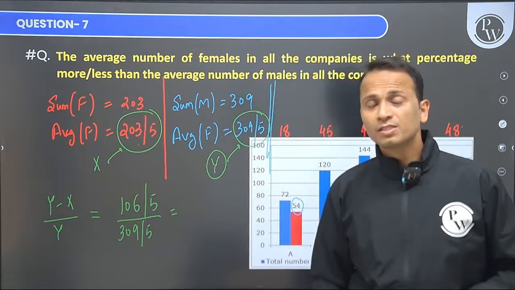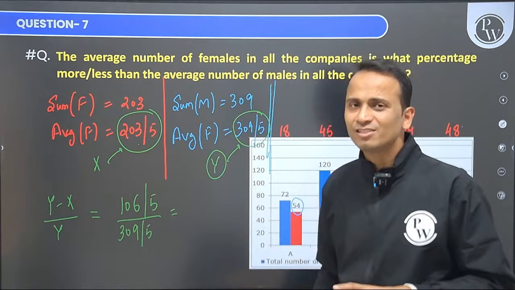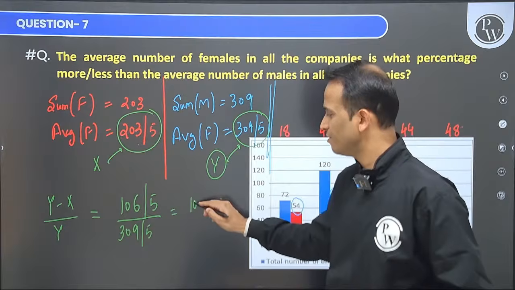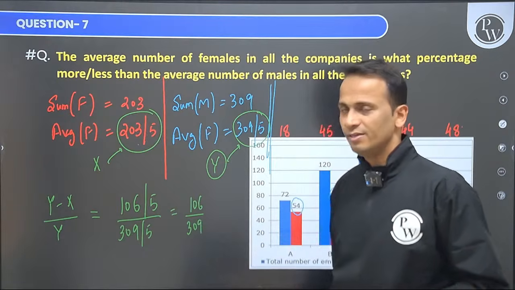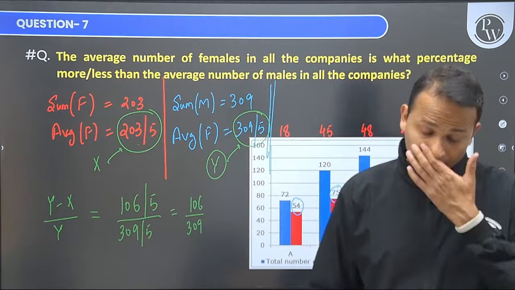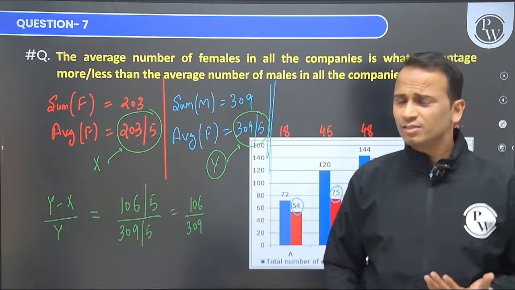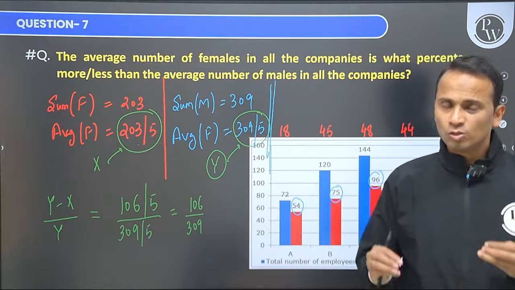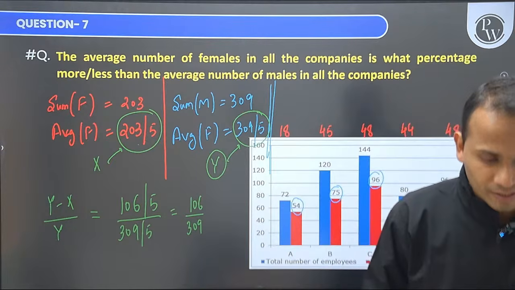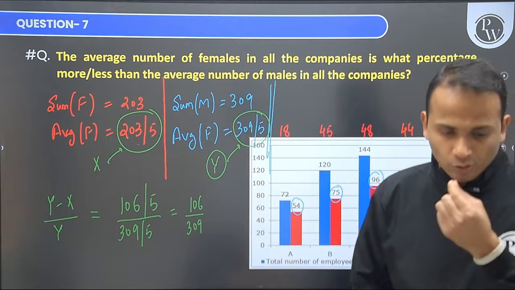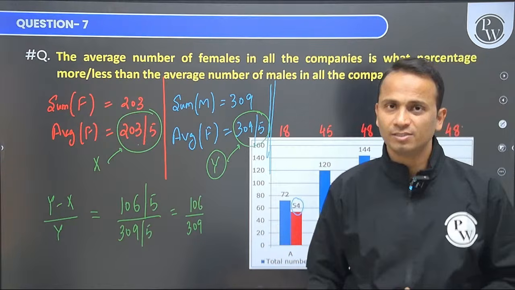If I drop this 5, it will not create any difference because it is cancelled from both numerator and denominator. So 106 upon 309, right? Now, do we have any common factor? I don't see any common factor among these numbers. So you can just simply calculate this and get your answer. Atharv, this is how we should be calculating our final answer.